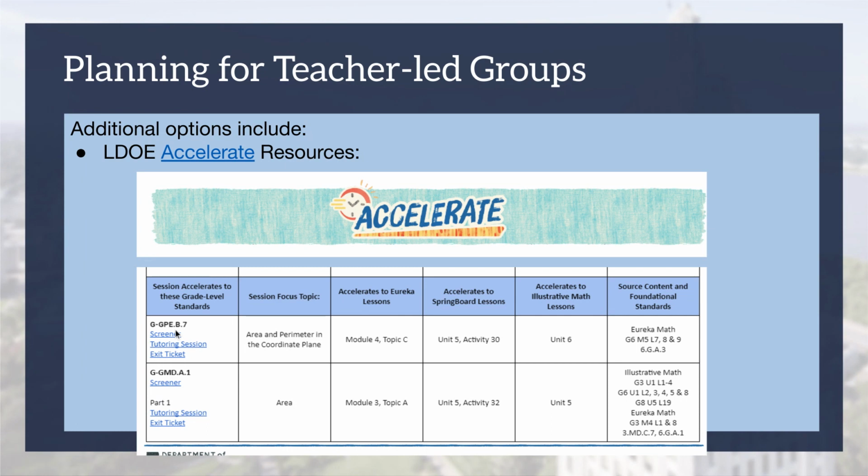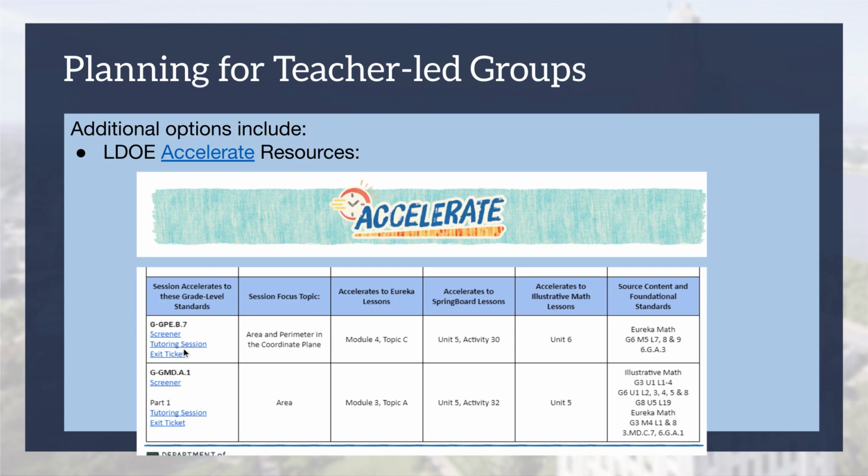The screener can be done by the teacher, or if you do not have time to do each student individually, you can use the assessment resource that is provided by LDOE, that is linked in the Accelerate document that is in the resource page that is included in this presentation. If you go to that, you can see the assessment document, and it will give you the diagnostic to go along with the standards. Then here is the tutoring session.